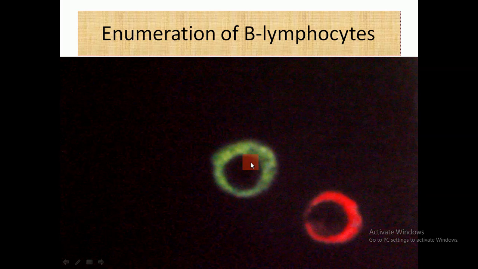This indicates a B cell, while if it is not a B cell, it remains red in color. And also, we count 100 cells and see how many of them have a fluorescent cell wall, and get the percentage.